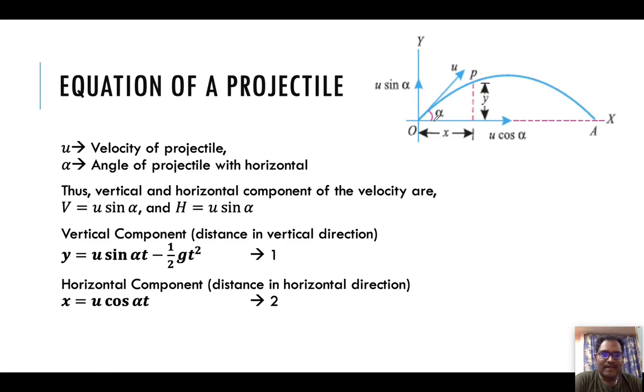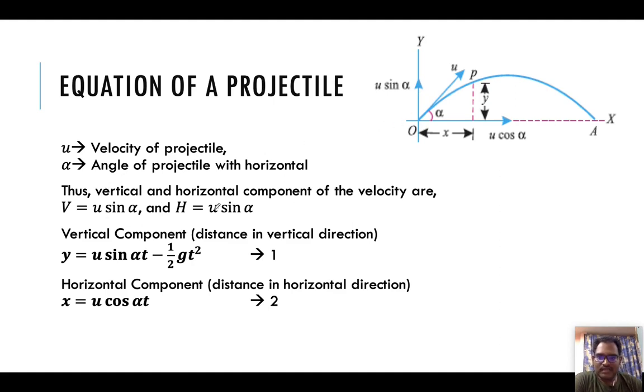So alpha is the angle of projection. It starts from a particular point O and it ends at a particular point B. P is the path that is taken by the object. It is going to have two components of velocity: u cos alpha, which is the horizontal component, and u sin alpha, which is the vertical component. So this is what I've mentioned over here.